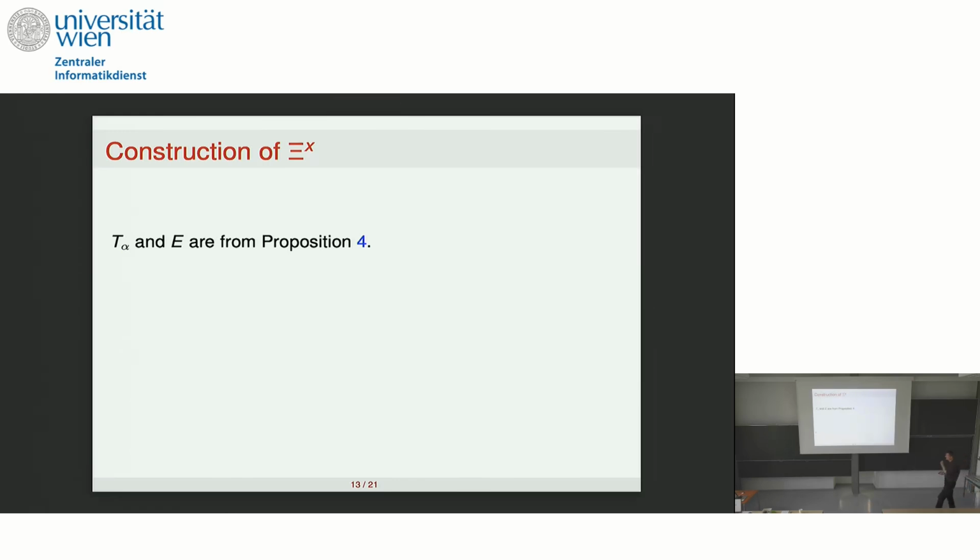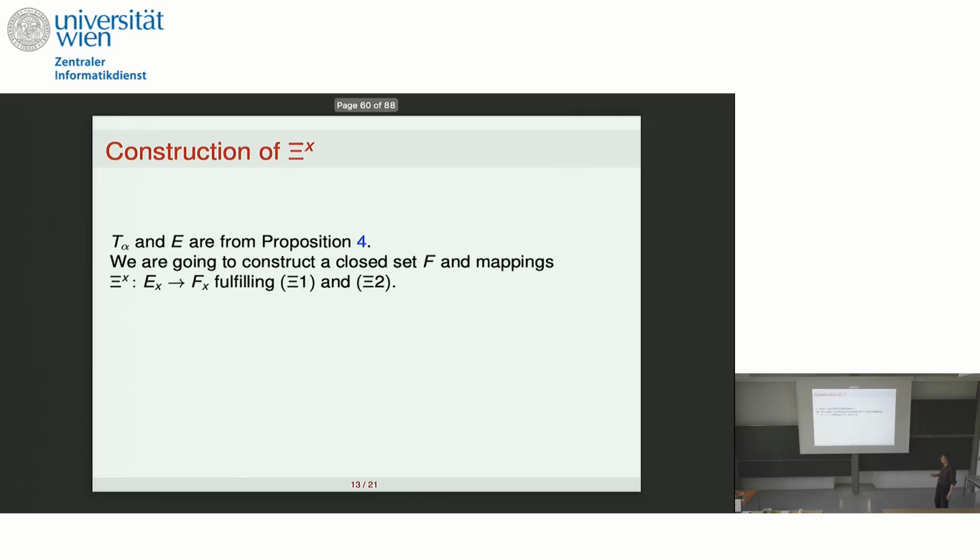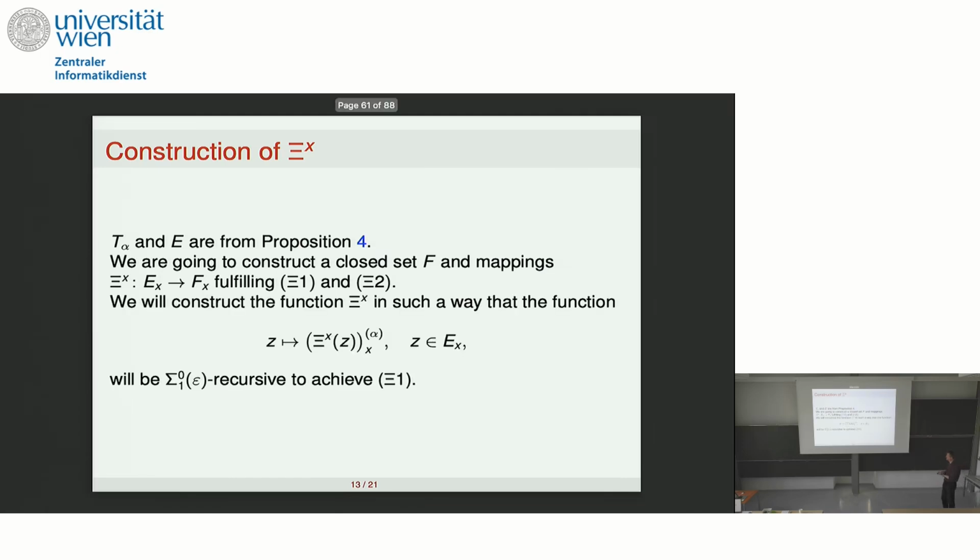Now I would like to say a couple of words about the construction of xi_x. So we have T^alpha and E from Proposition 4. And we are going to construct a closed set F and this mapping, as I said.